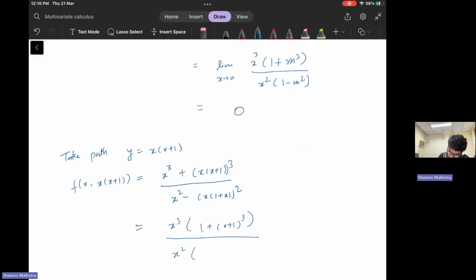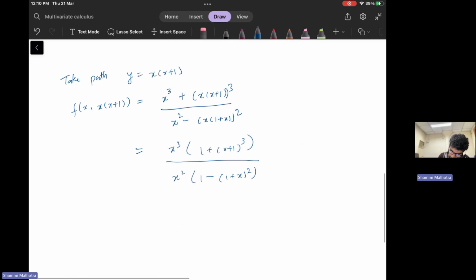I can again take common, so this is 1 minus (1 plus x) square, x times (1 plus (1 plus x) cube) divided by, this is minus 2x minus x square.